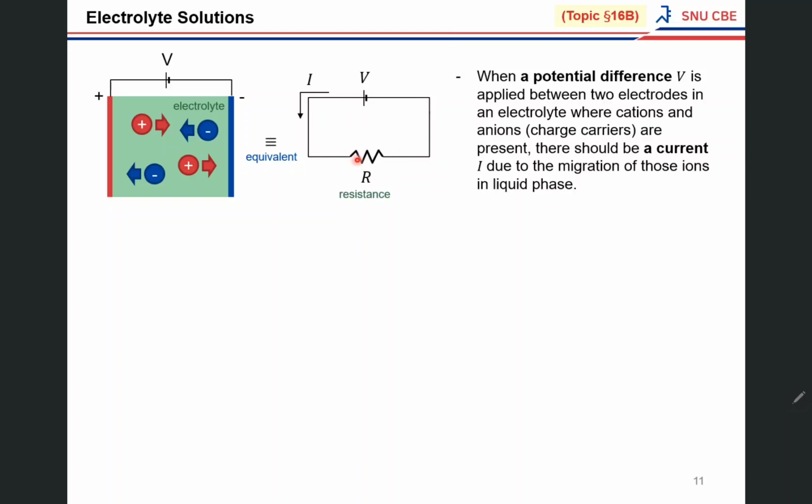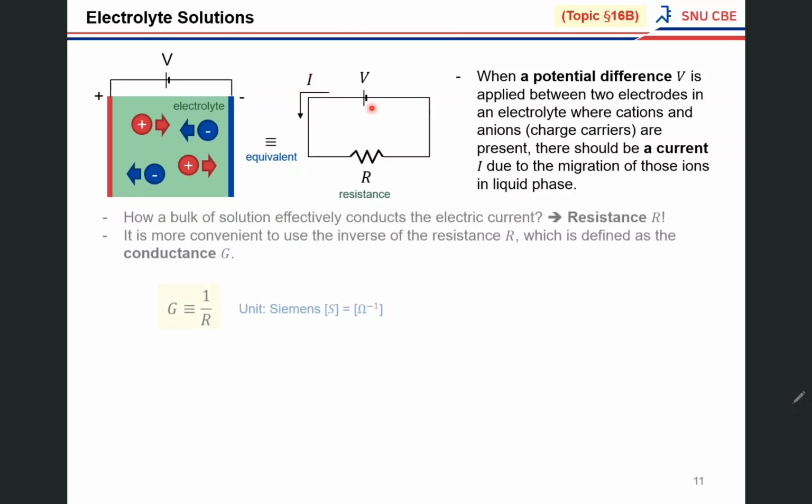Now you apply some voltage on this resistance R, which corresponds to this liquid phase, and as a result you have ionic motions in the liquid phase, which correspond to this current.